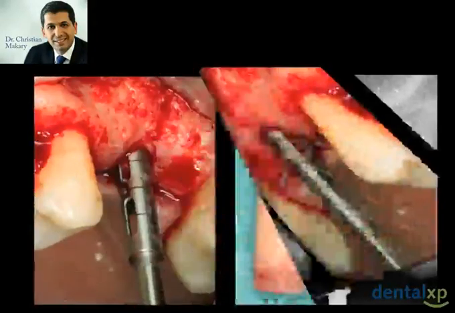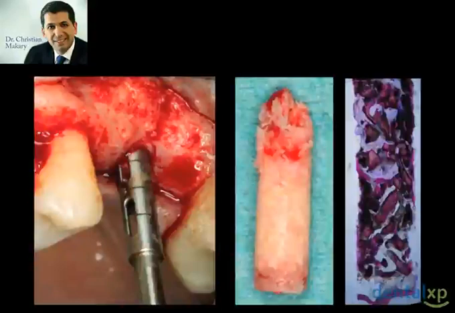I retrieved trephine biopsies, and you see the micro anatomy of this bone that is very compact, and the biopsy shows a very nice packing of the biomaterial, and you can see that we have in some areas newly formed bone.